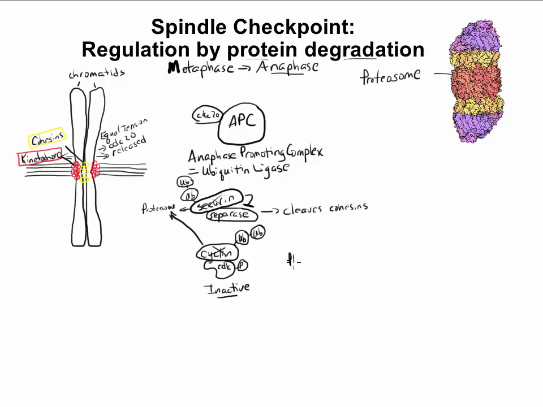Well, remember that whenever we have kinase pathways, there's going to be a corresponding phosphatase that can dephosphorylate those targets. And it's the balance of activity between the phosphatase and the kinase that determines whether the target protein is phosphorylated or dephosphorylated.